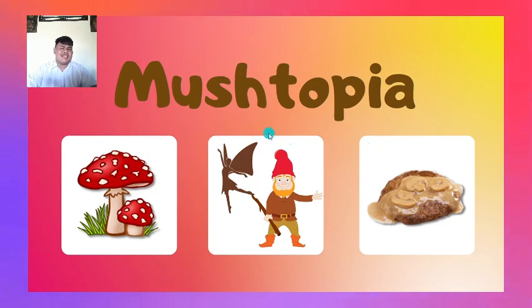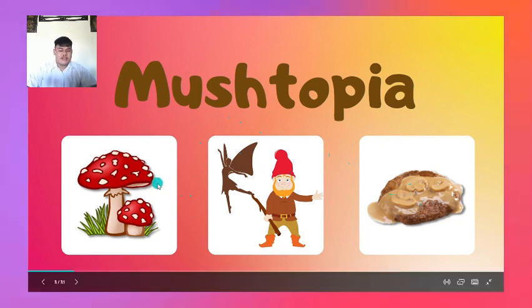To give you a little background about my city, there are three pictures here which represent the city. The first one is the mushroom, the second one is a dwarf and a fairy, and the third one is a burger steak. Why? Because Mushtopia is a well-known city when it comes to production of this kind of food, which is the burger steak.